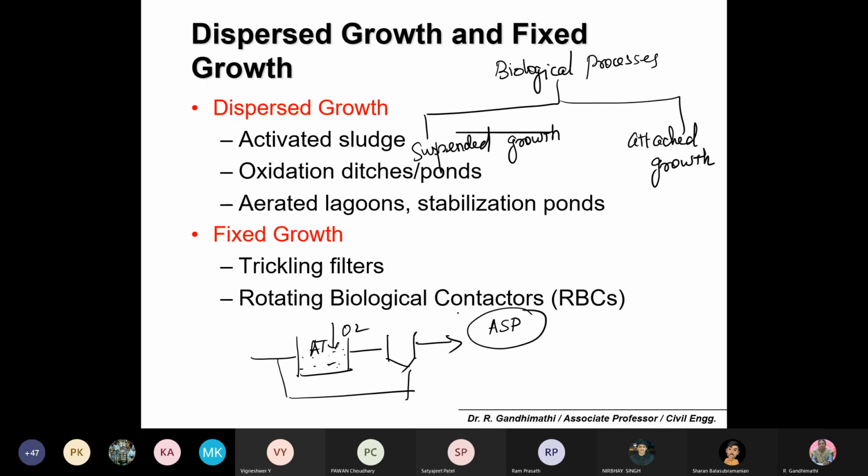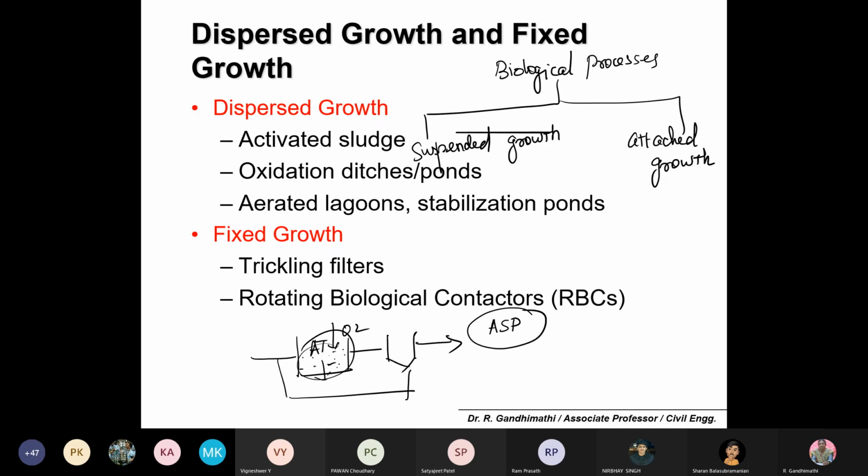Example for a suspended growth system is the activated sludge process. This is an aerobic process. The microorganisms responsible for the removal of biodegradable organics are suspended in the liquid. Whereas in an attached growth or fixed growth system, the microorganisms responsible for the removal of biodegradable organics are attached to some filter medium. The example unit is the trickling filter. Both are aerobic processes.